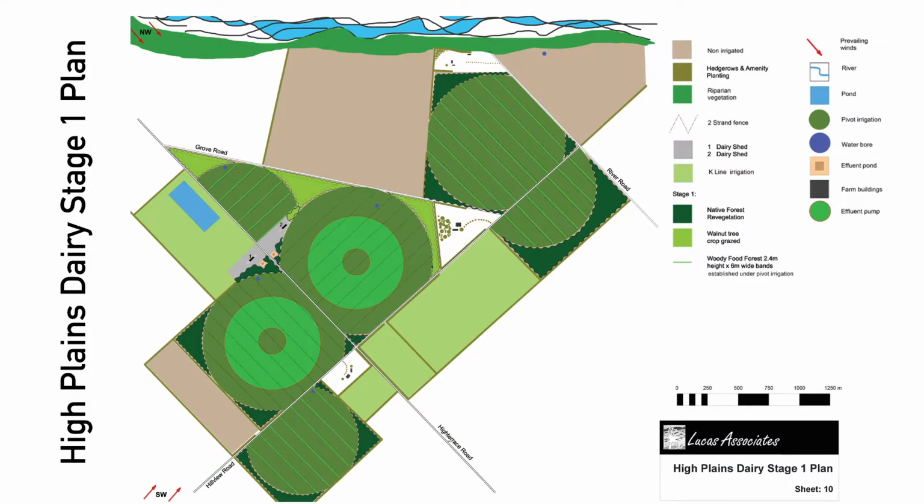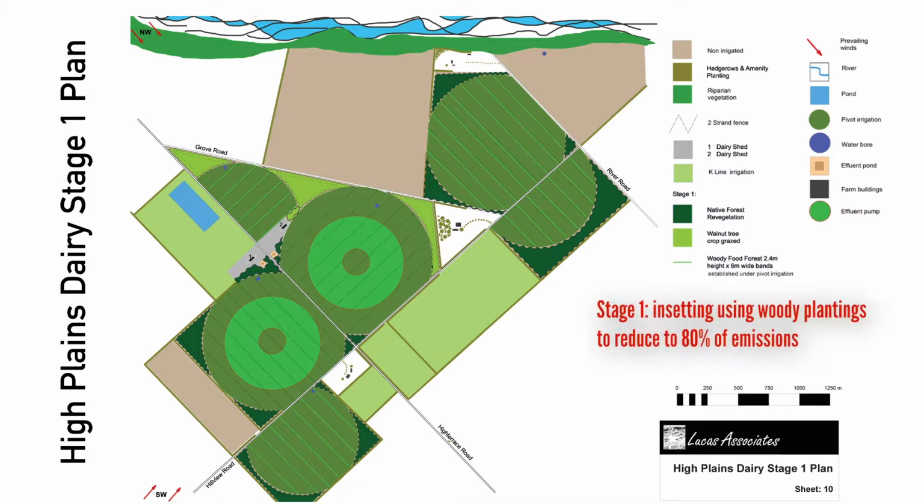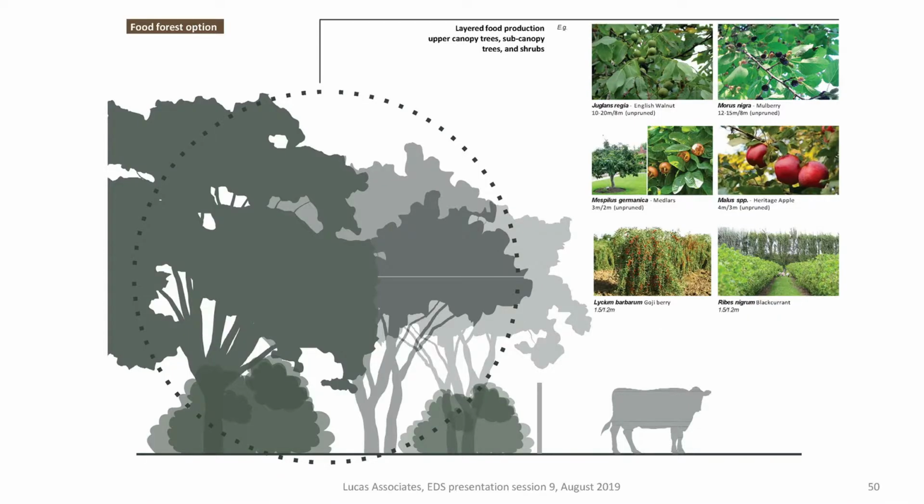What we've done is a stage one plan, looking at that dairy farm, still with those pivots, still with that effluent irrigated, but with plantings introduced. The dark green, the native revegetation around the pivots, and tree crop plantings around these ones in the middle, like walnut crops and so on.